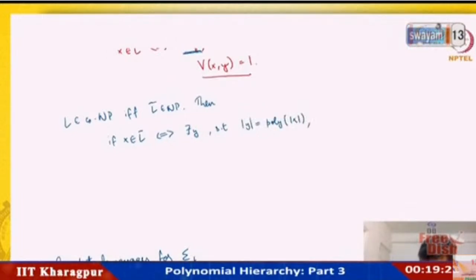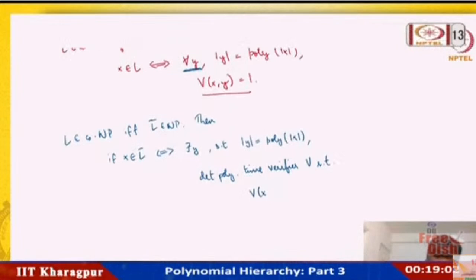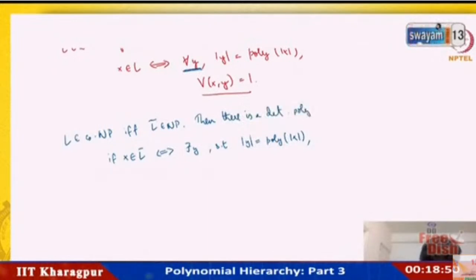And there is a deterministic polynomial time verifier V, such that V(x,y) is equal to 1. The V is just specific to L complement, not specific to the x and y.